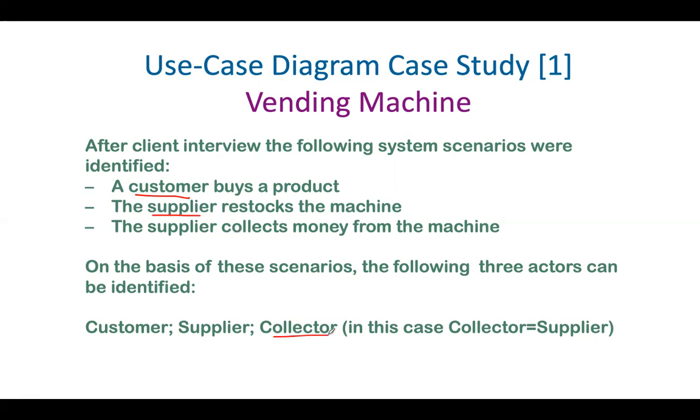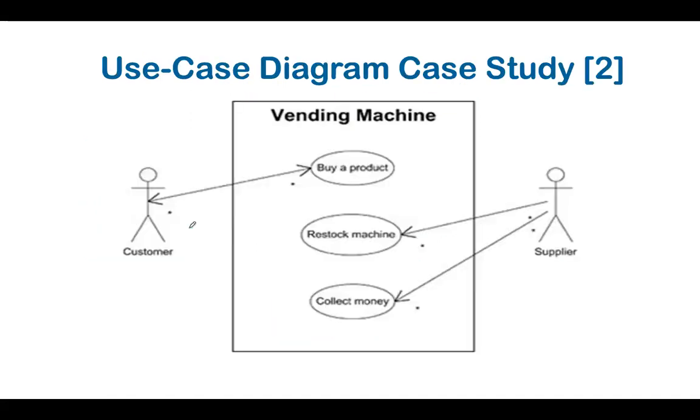Still, the collector is another supplier, but with the permissions to collect the money from the machine, because not every supplier might have those permissions. The one with such permissions is the one we're referring to as the collector in this case.